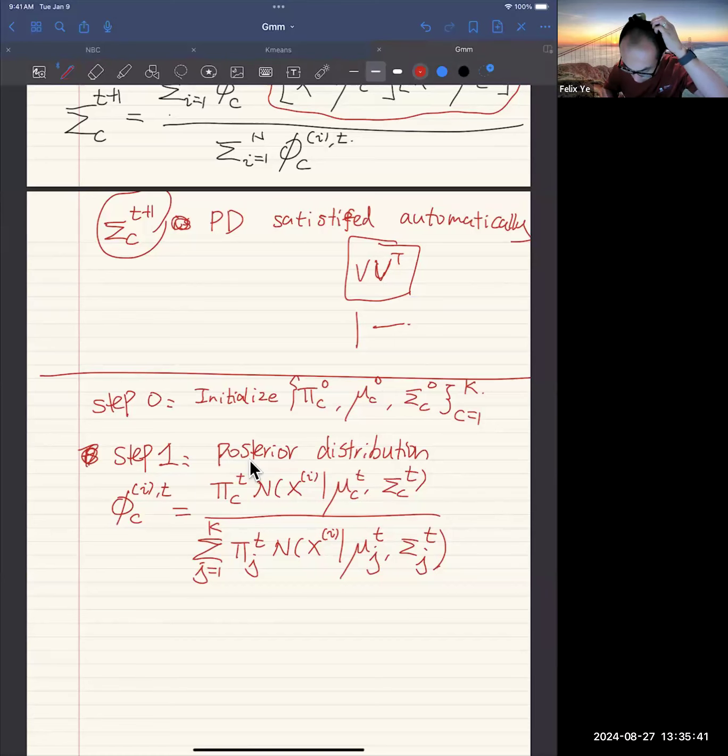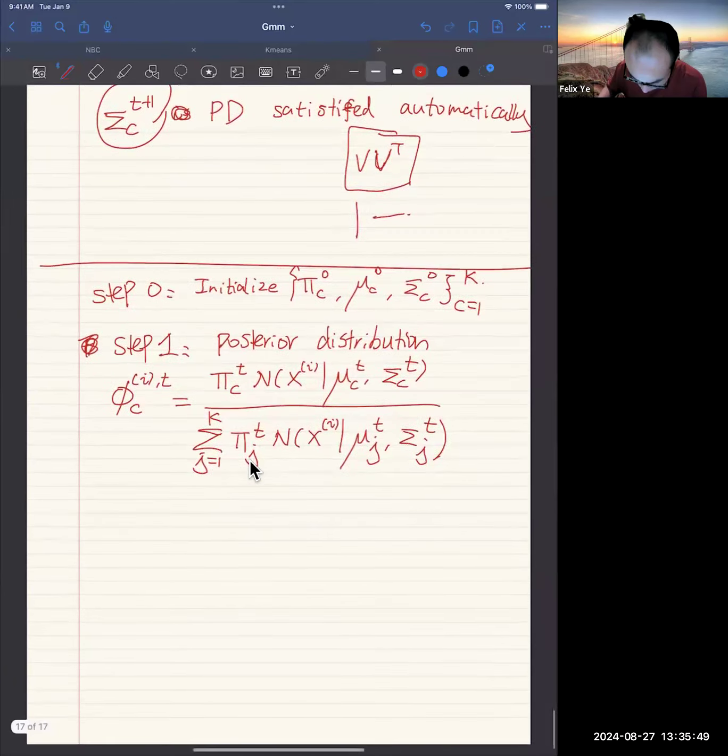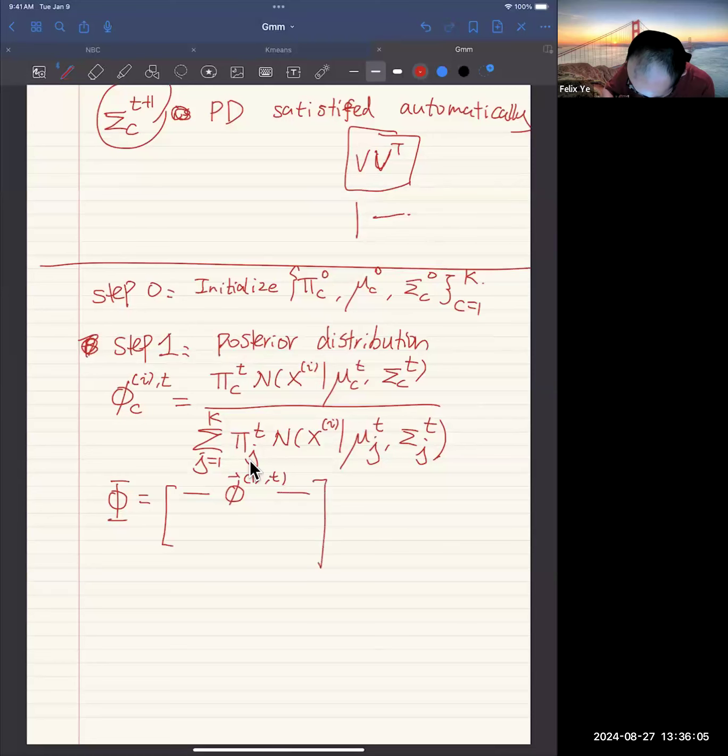Okay, so you calculate this posterior distributions, and you can put everything into a gigantic matrix. You can call this matrix phi, which is phi 1 t until we have phi n t.